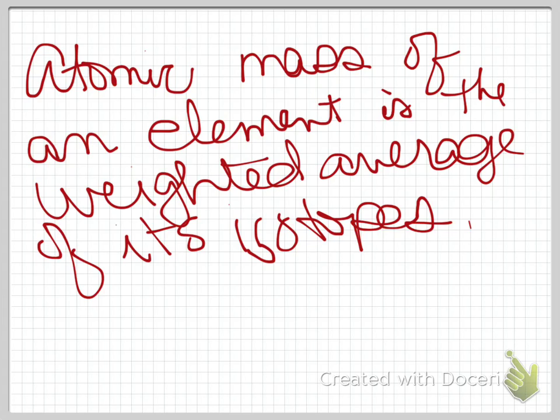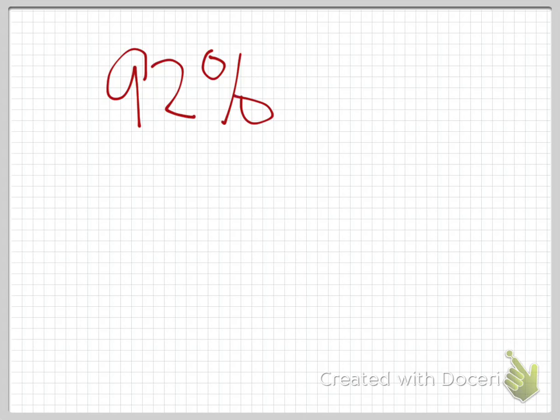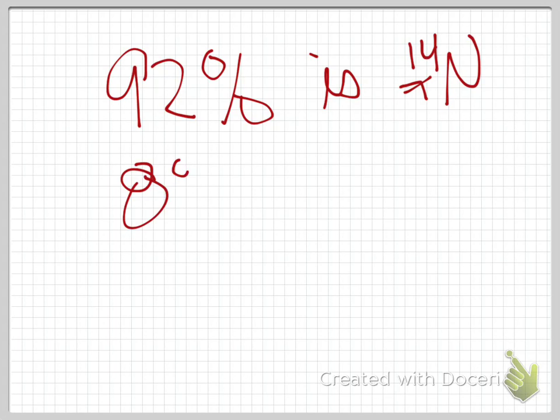There's not very much that's nitrogen 15. And then they literally say, okay, please understand with me, I'm totally pretending here. 92%, I made that number up, guys, is nitrogen 14. And then 8% is nitrogen 15.